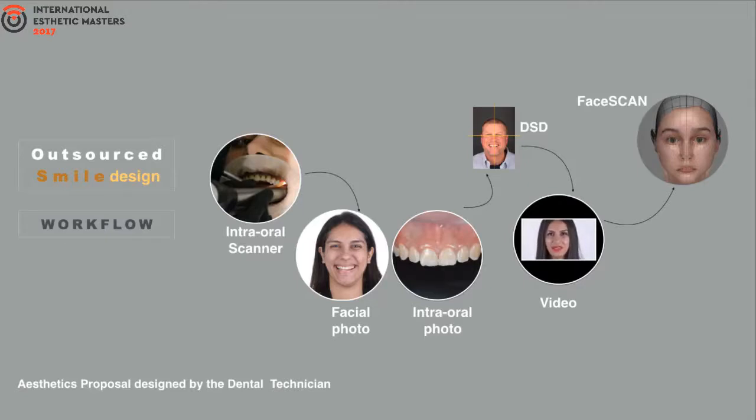First, an intraoral scan of your patient's mouth. The second, frontal facial photos. Third, intraoral photos. Fourth, a video. Fifth, you can also add DSD planning, but it's not necessary.